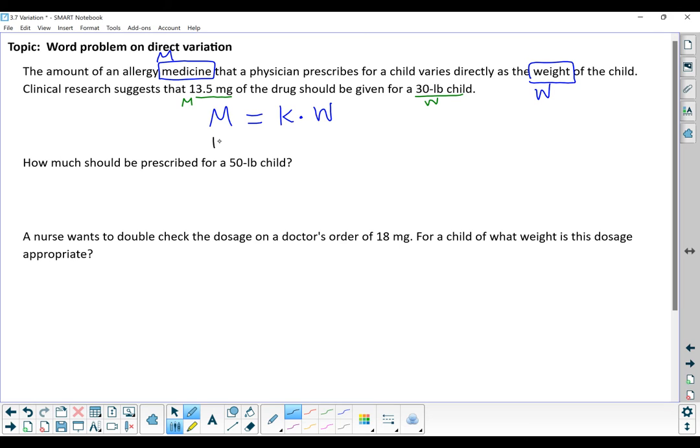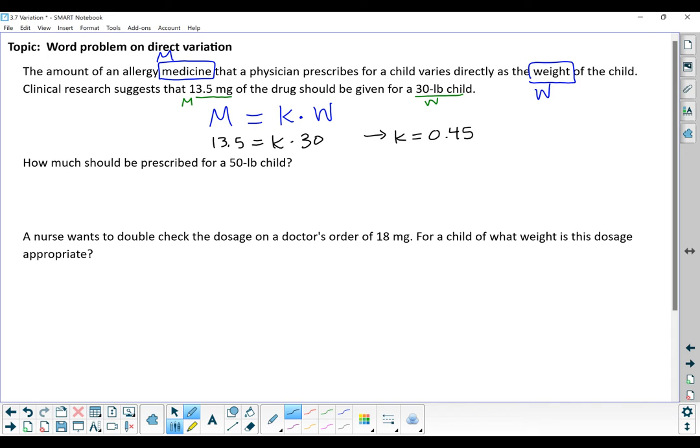So 13.5 is equal to k multiplied by 30. If I divide both sides of the equation by 30, I can solve for k, and k is equal to 0.45. So now we know what k is.